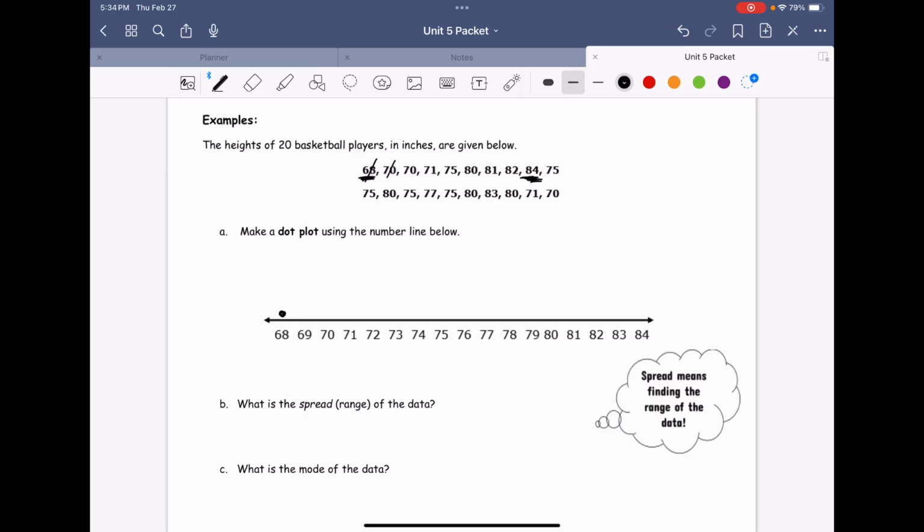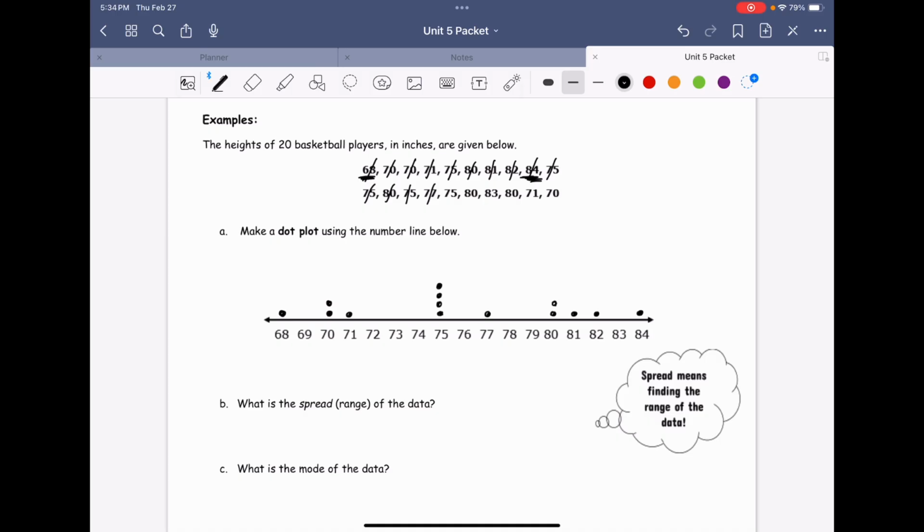Cross off 70 and put a dot. 70, another dot. 71, 75, 80, 81, 82, 84, 75 again, 75 again, 80, 75, 77.